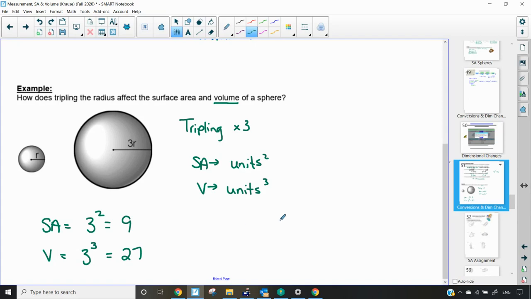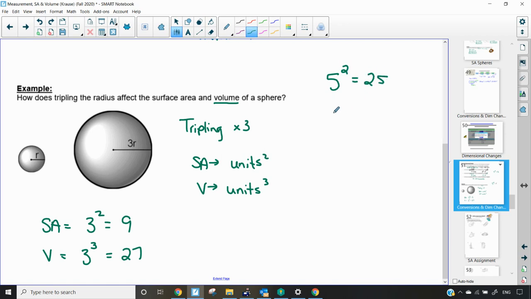All right, so most importantly, what you want to get from this, when we're converting our area units, we have to square our conversion factor. When we're doubling, tripling, quadrupling, or anything to all of our dimensions. So if I was maybe taking all of my dimensions and multiplying every dimension by 5, the surface area will be affected by 5 squared. 5 because we're multiplying all of the sides by 5, and squared because it's surface area and we have units squared.